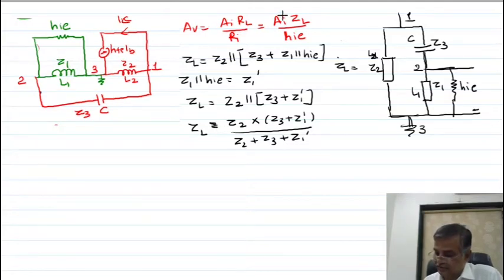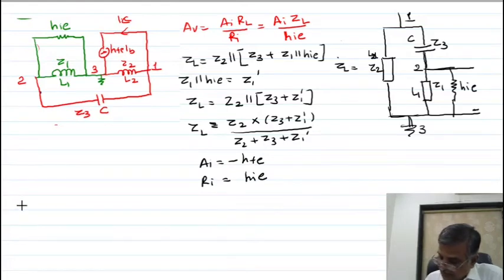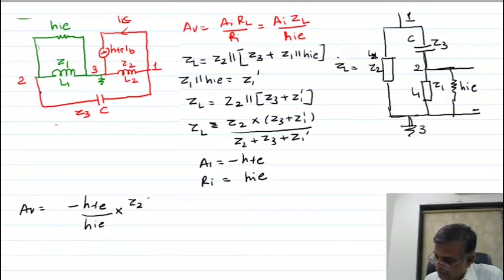So that is required here. What is the current gain? Current gain is minus HAP, and RI is nothing but the HI. So my equation of gain is minus HAP upon HIE multiplied by ZL. ZL means Z2 into Z3 plus Z1 dash upon Z2 plus Z3 plus Z1 dash.